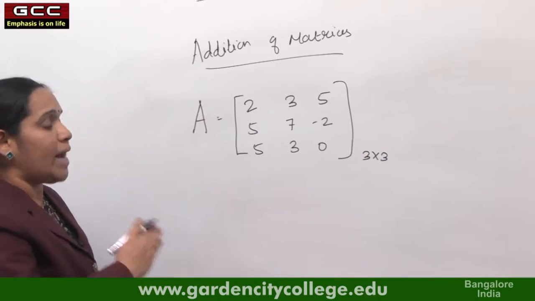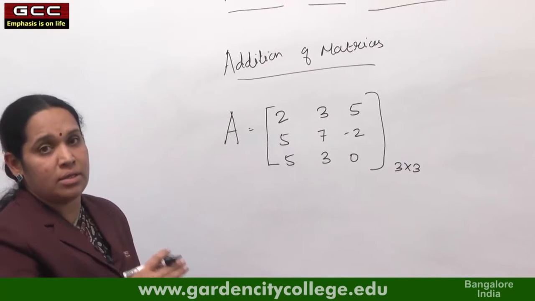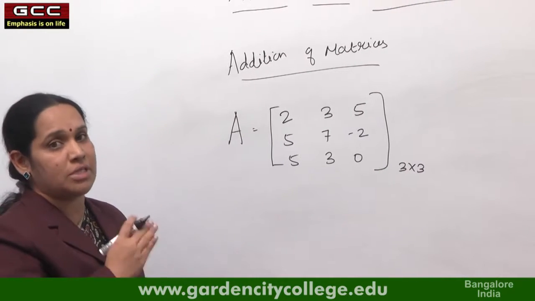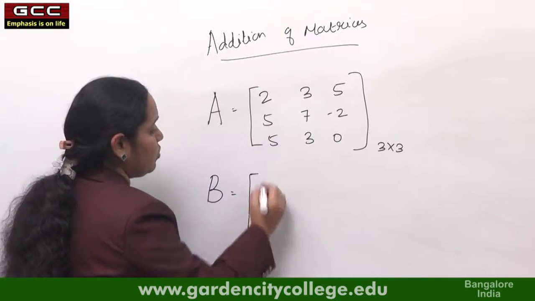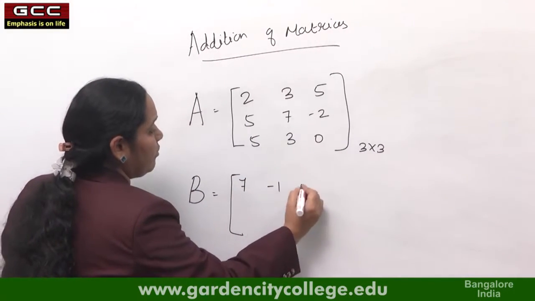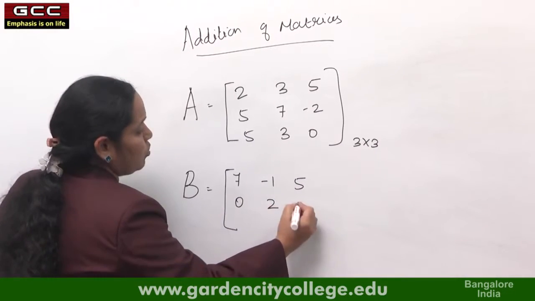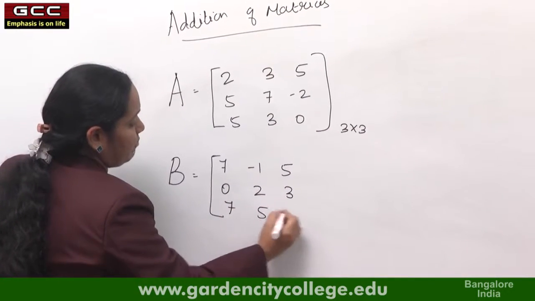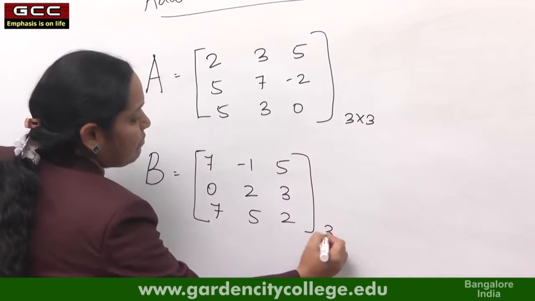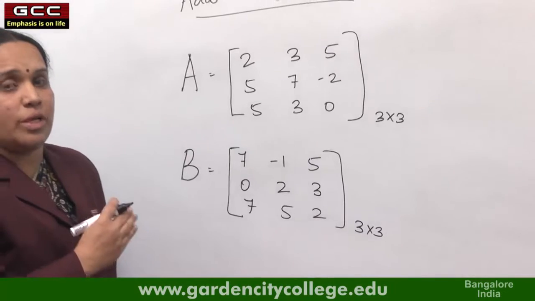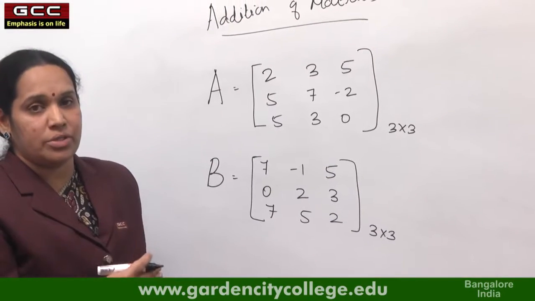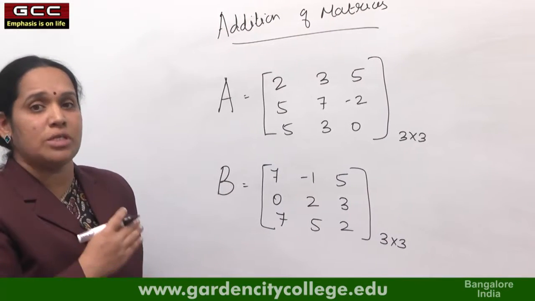If you want to add this matrix with one more matrix, that matrix also should have the same order. So let us consider B is equal to [7 -1 5; 0 2 3; 7 5 2]. Now I have considered two matrices A and B with the same order.